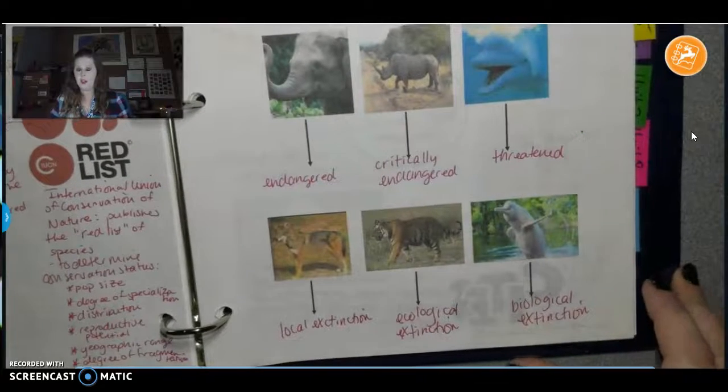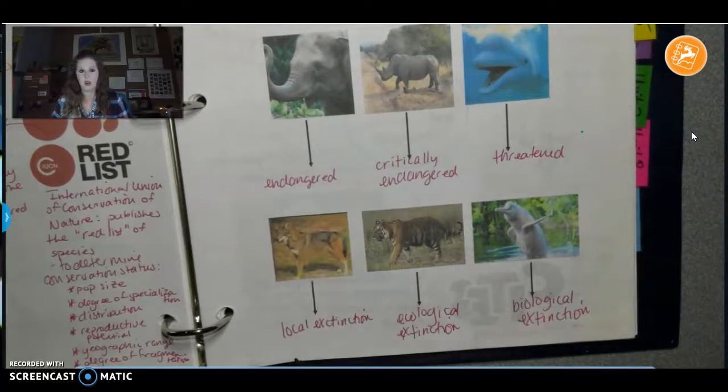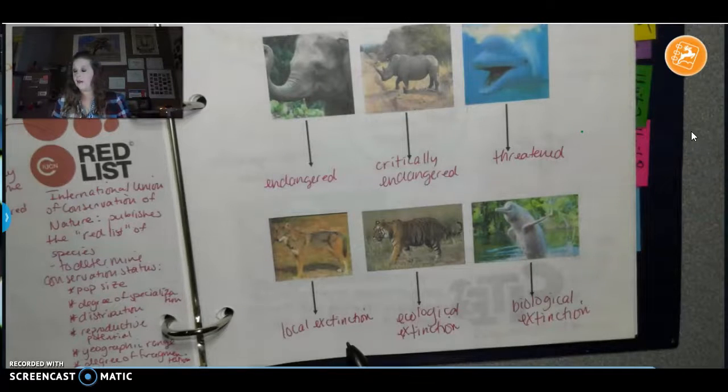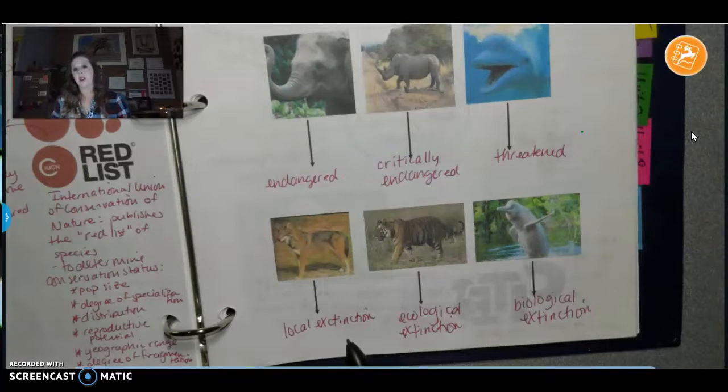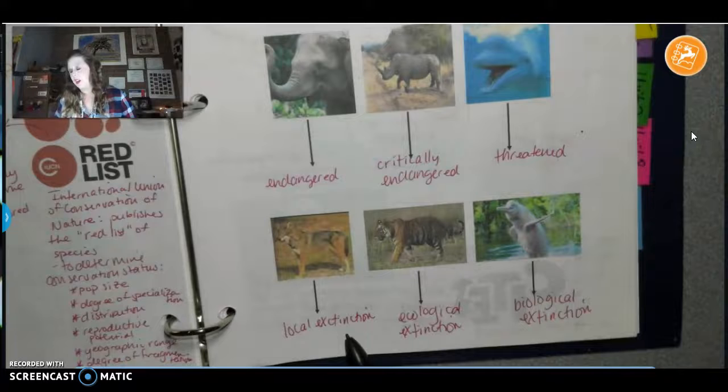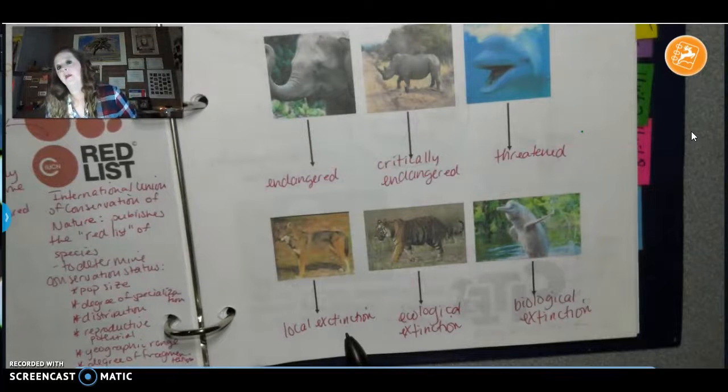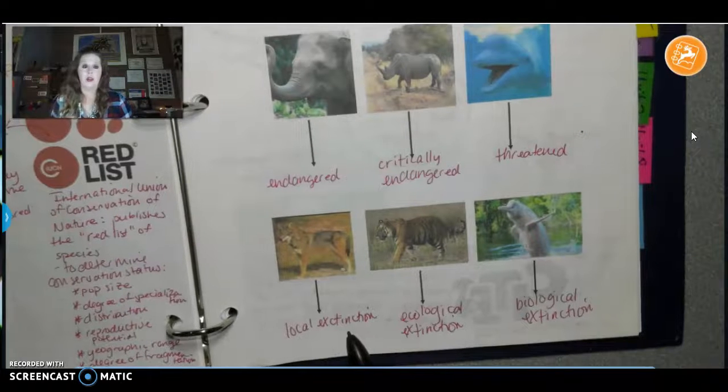All right. Now, we also have what we call local extinction. It is gone from a particular area. For example, the red wolf is locally extinct in Texas, where it should be, but you can still find it in other states like Arizona and New Mexico.